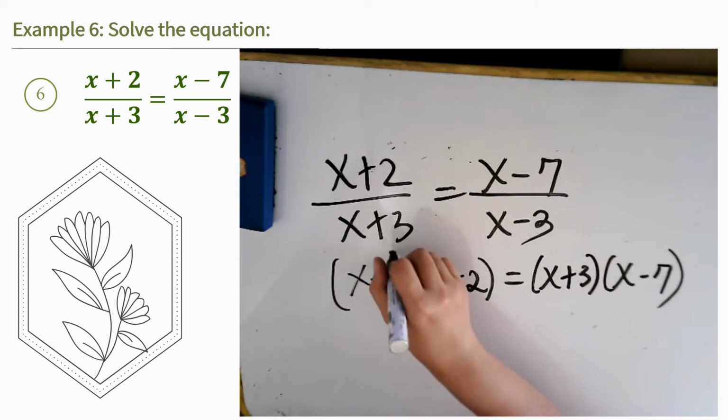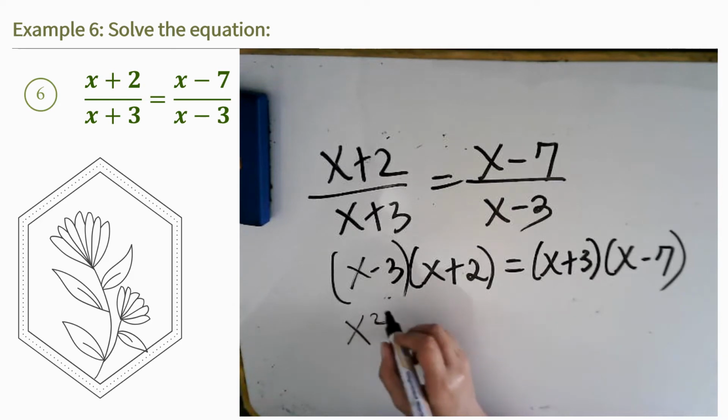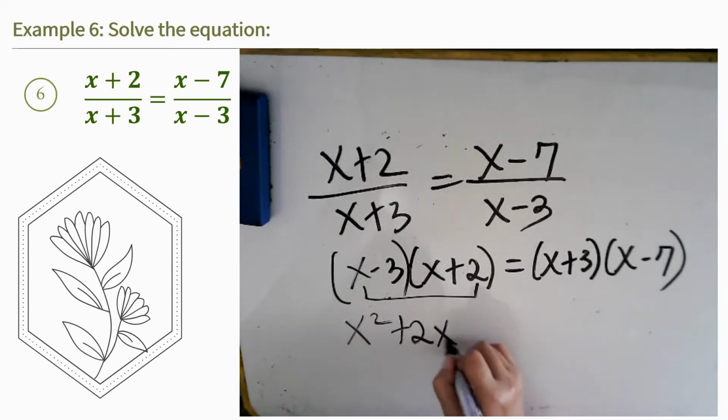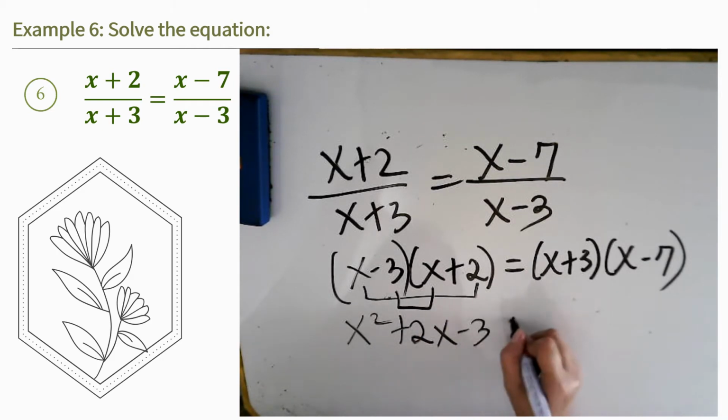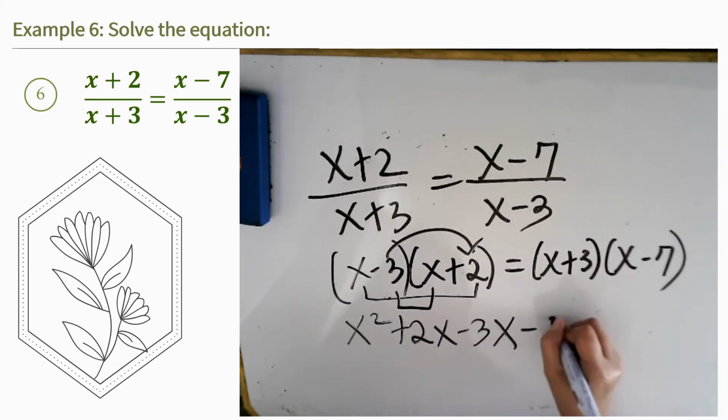Then let's multiply these binomials. X times x is x squared. Then 2 times x is 2x. Then negative 3 times x is negative 3x. And then negative 3 times 2 is negative 6.